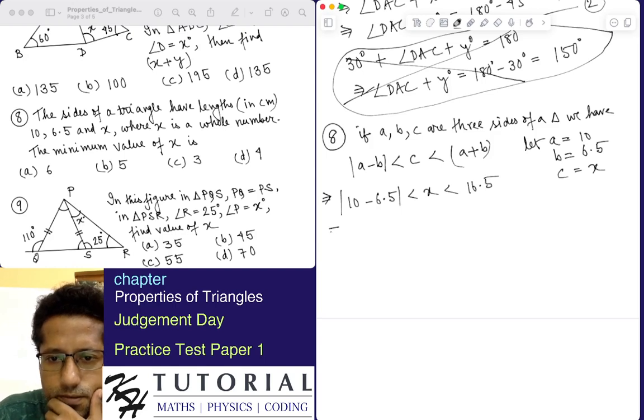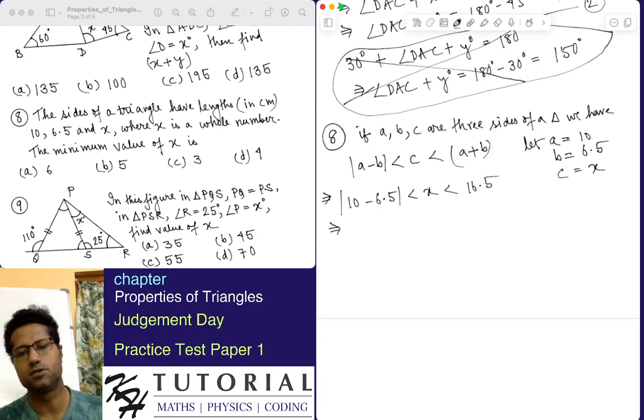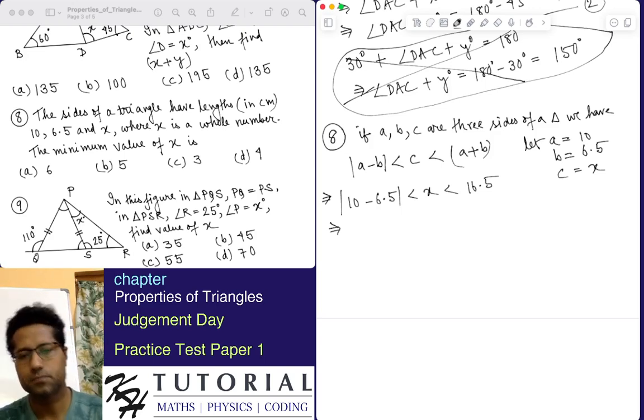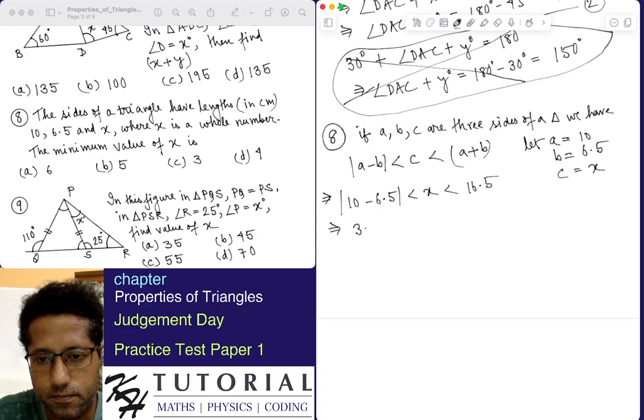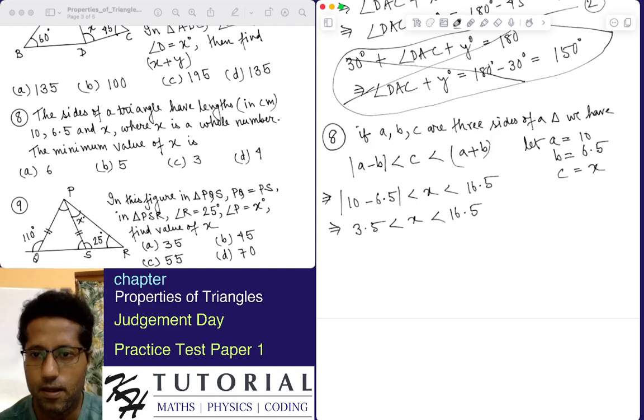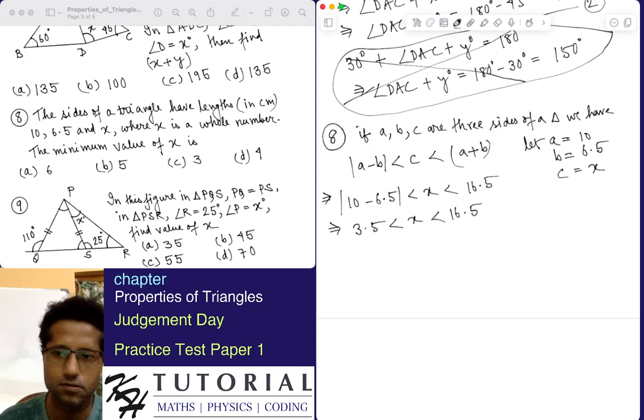Modulus of 10 minus 6.5 is 3.5. So 3.5 is less than X less than 16.5. So the value of X can lie between 3.5 and 16.5, and the value of X is also a whole number. Then the minimum value of X is obviously 4.